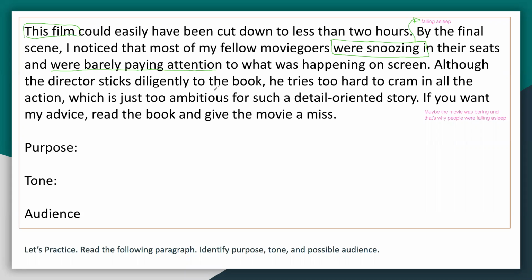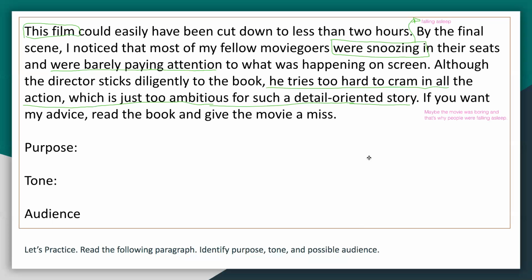Although the director sticks diligently to the book, he tries too hard to cram in all the action. That sounds like the author's opinion. He tries too hard to cram in all the action, which is too ambitious for such a detail-oriented story. If you want my advice, read the book and give the movie a miss.